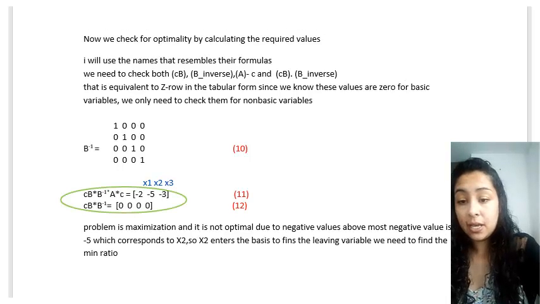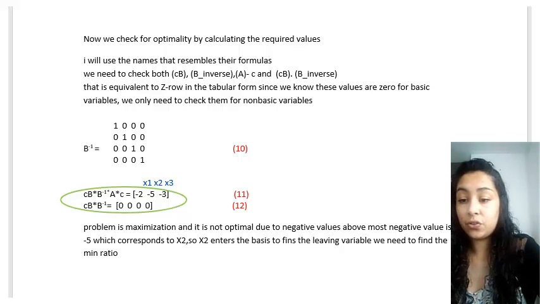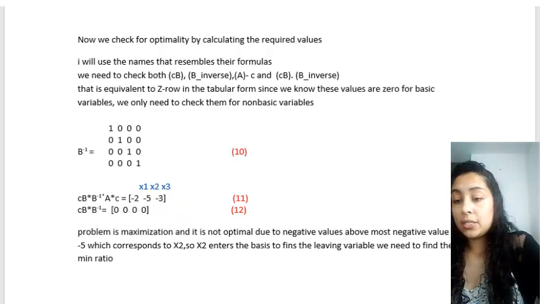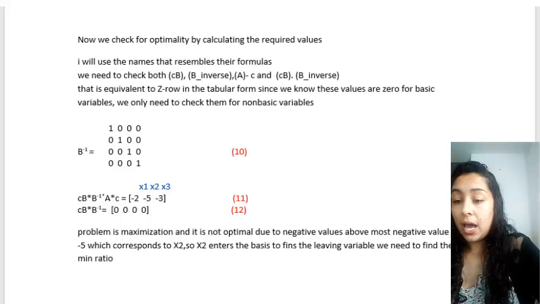In this case, I have negative 2, negative 5, negative 3, and 0, 0, 0, with some negative values, and since this is a maximization problem, I call the problem not optimal.